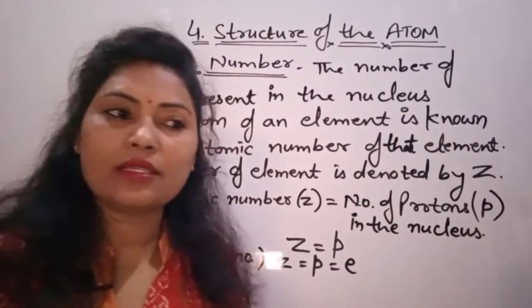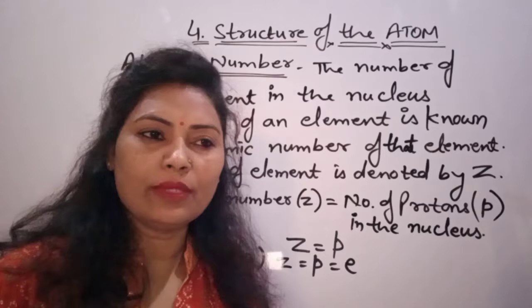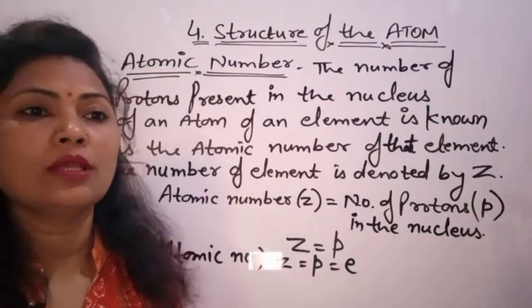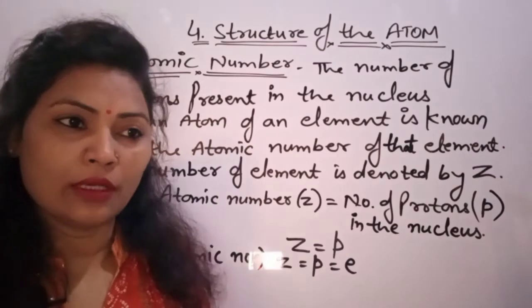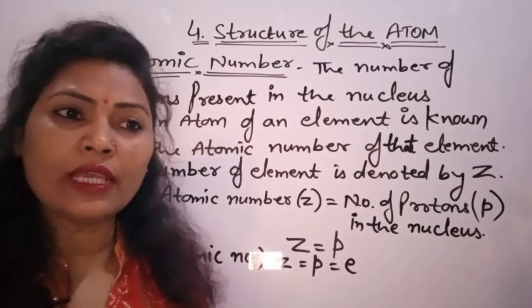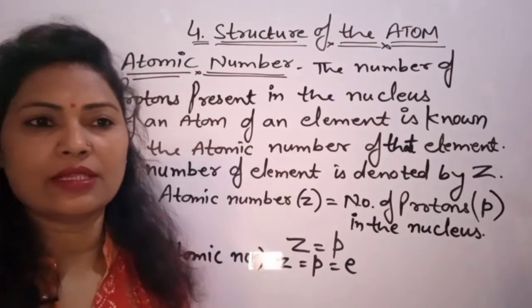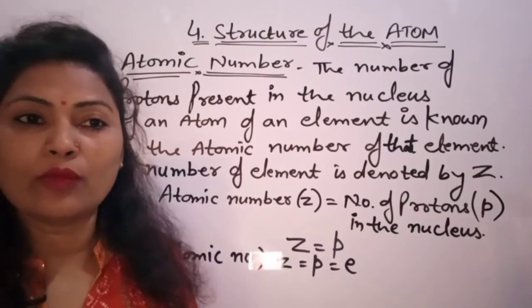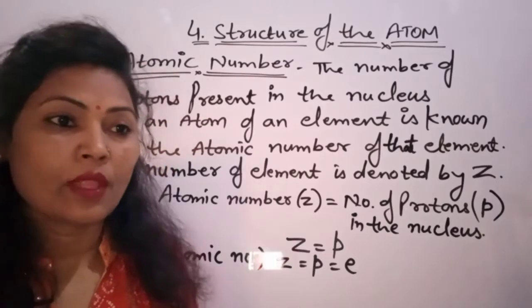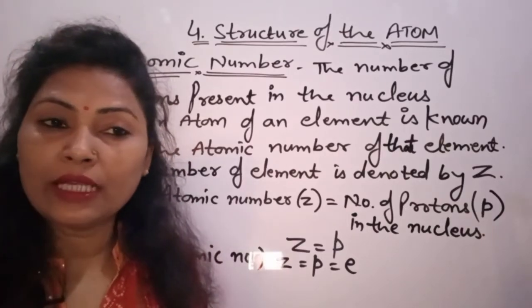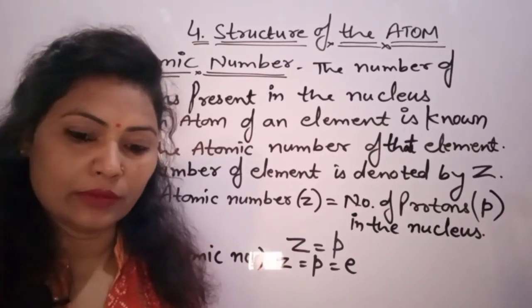Second characteristic: all atoms of the same element have the same number of protons in the nucleus and the same atomic number, and the atomic number of each element has a certain characteristic value, and no two elements have the same atomic number. Therefore, atomic number of an element is a fundamental property.